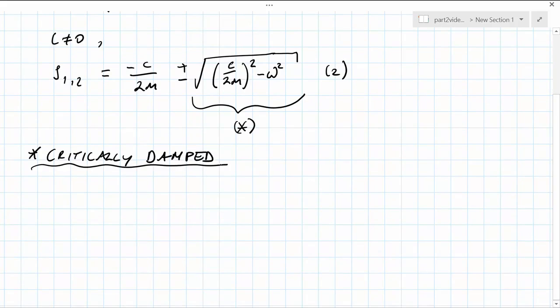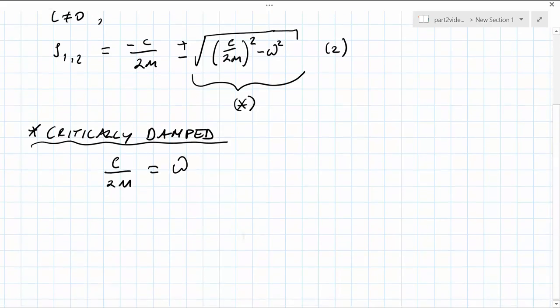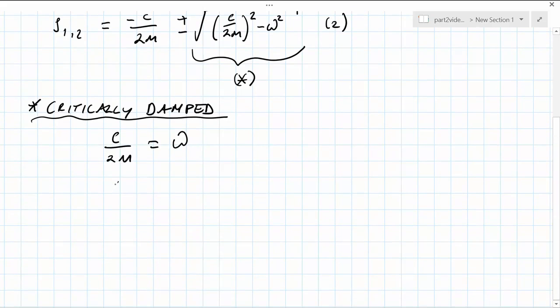For critically damped systems, the term under the square root is such that c over 2m is equal to omega. For later use, we define the critical damping coefficient Cc, or C subscript c, as 2 times the mass times the natural frequency.